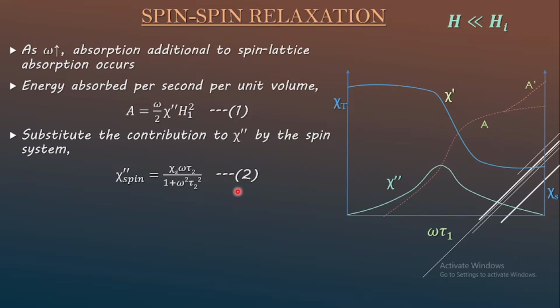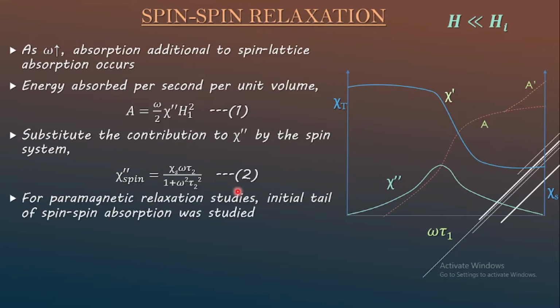As we are mainly dealing with paramagnetism, for paramagnetic relaxation studies the initial tail of the spin-spin absorption was studied initially, that is in this absorption graph. Therefore, we can say omega square tau 2 square is very much less than 1, because the initial tail means comparatively lower frequency.